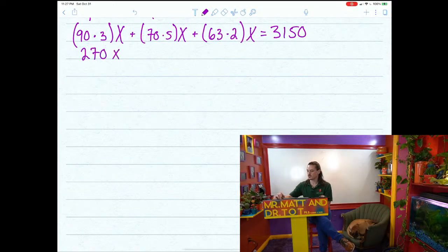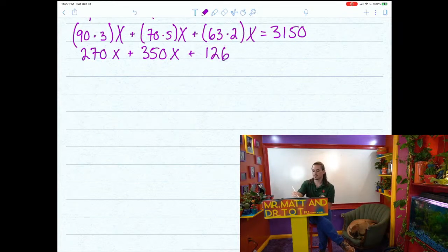Now we have 270 plus 350 plus 126, which is 746x, equal to 3,150. Dividing by 746, x is equal to 3,150 divided by 746.